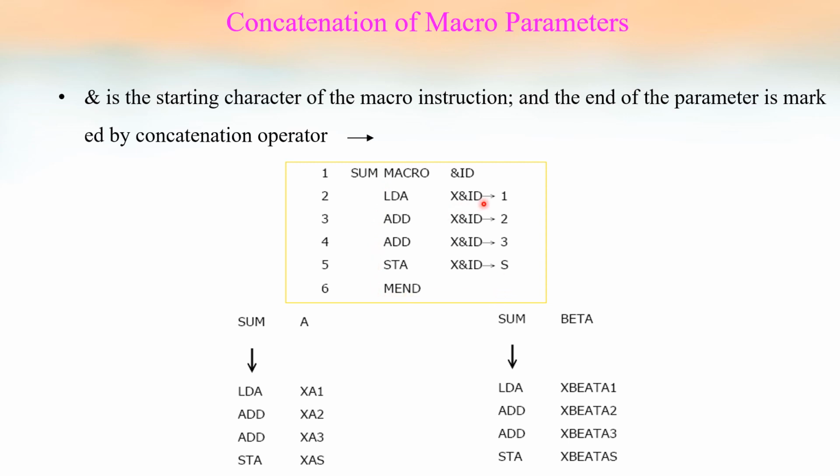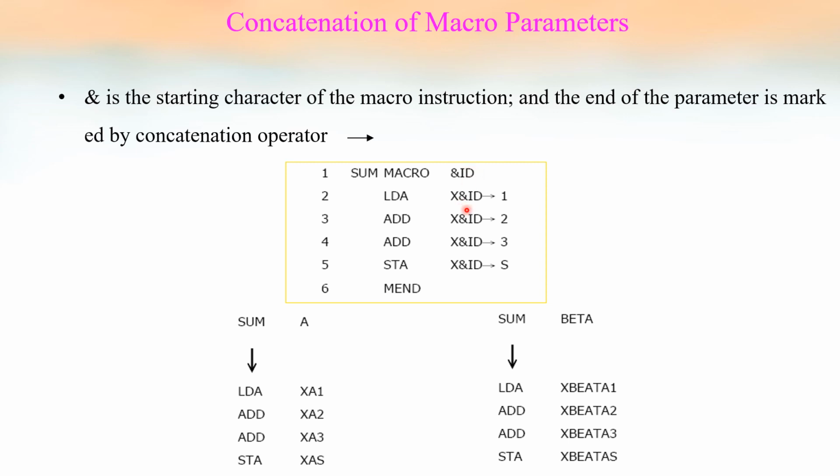In the definition, the concatenation is done. So only one parameter we need to pass; the other parameters are generated here. Consider this macro call: sum A. We passed only the middle character A, so A will be given to this id.